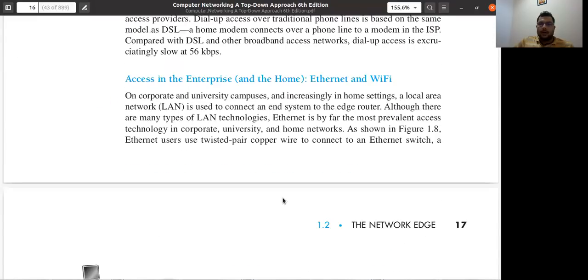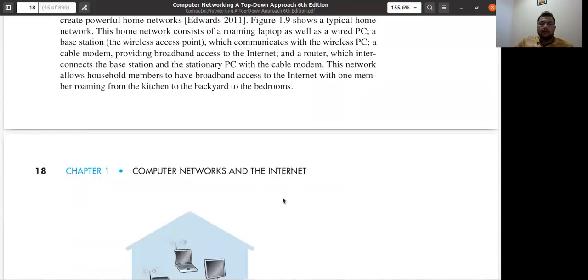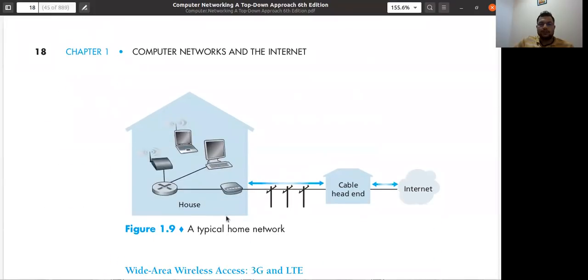So that's all about accessing the edge router. This is a typical home network. Here you are accessing the internal edge router, and here I think they are using the coaxial cable for connecting the home network to the internet.